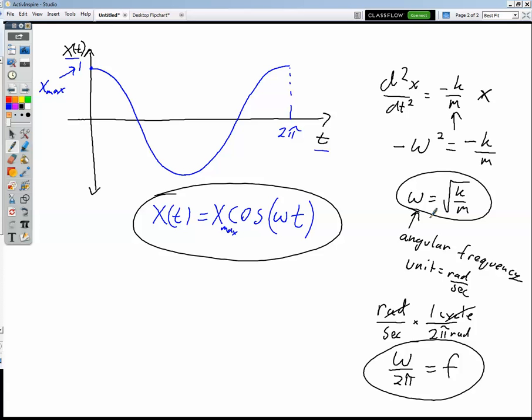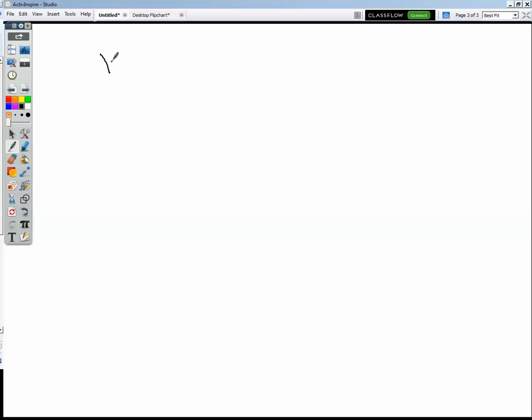All right, so let's move in and develop our velocity and acceleration functions as well. So here's our point. We have x of t is equal to x max times cosine of omega t. And now we know that the velocity at any time t is equal to the derivative of the position function with respect to time. So we take the derivative of that. The derivative of cosine is the opposite of sine.